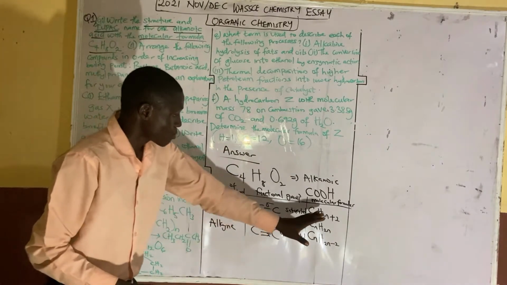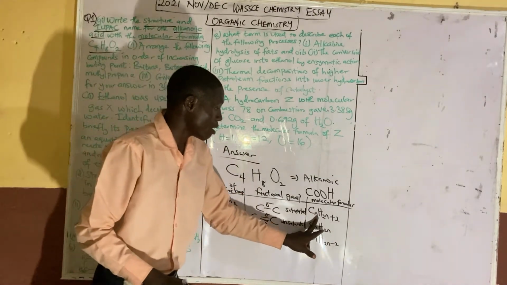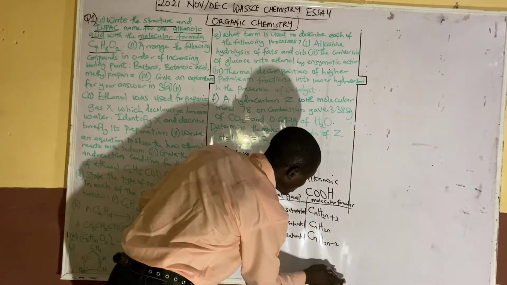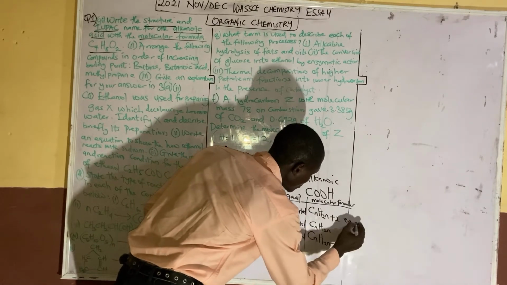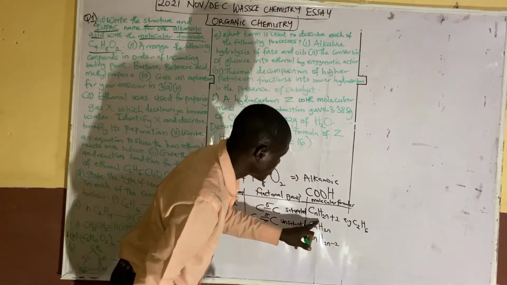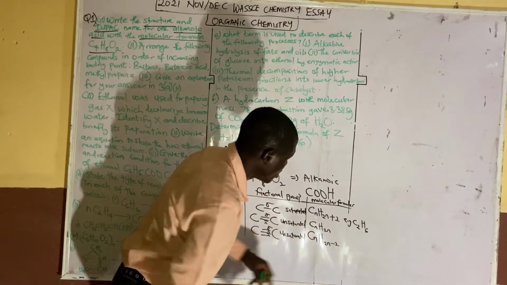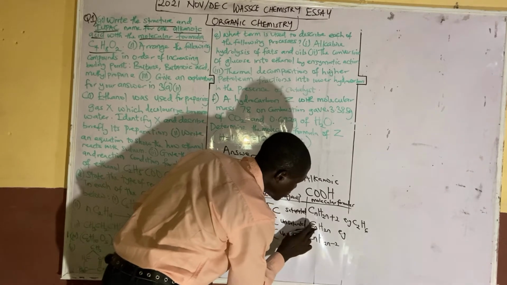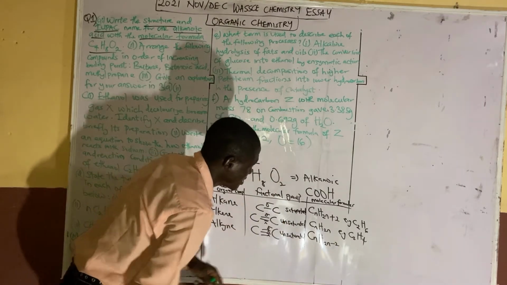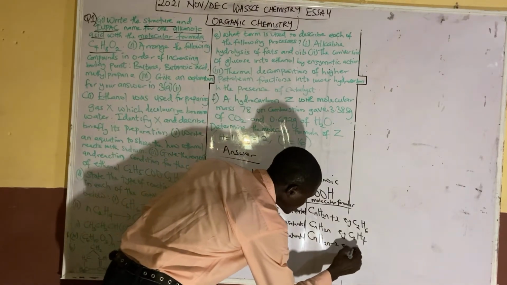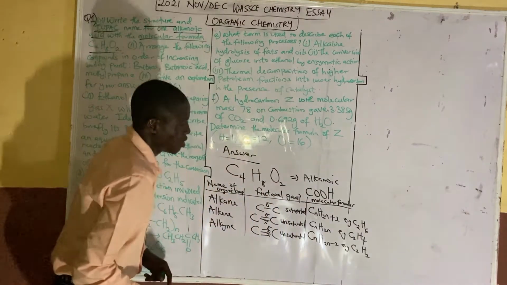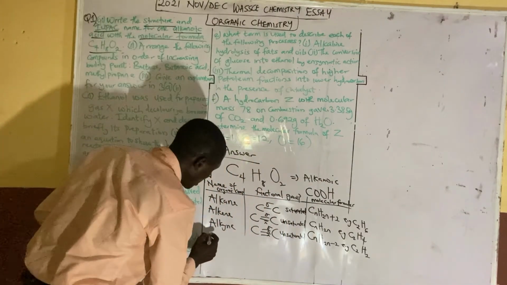So whenever you see a compound obtained from these general molecular formulas, for example, when n is 2: for alkane CnH2n+2 gives C2H6, which is ethane; for alkene CnH2n gives C2H4, which is ethene; and for alkyne CnH2n-2 gives C2H2, which is ethyne.